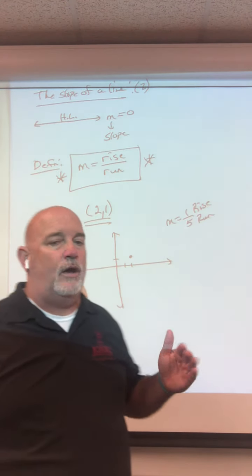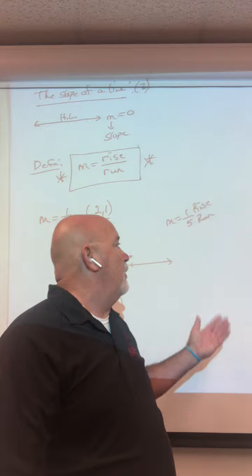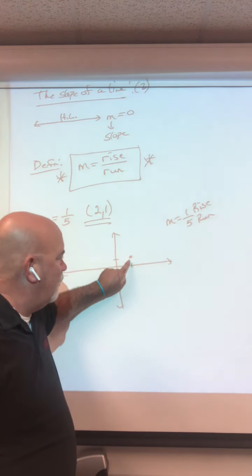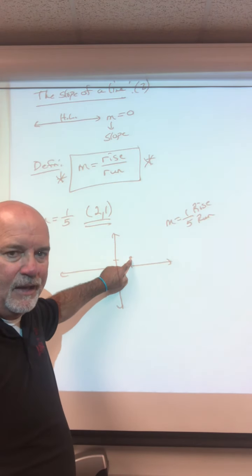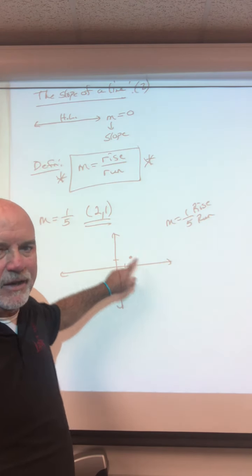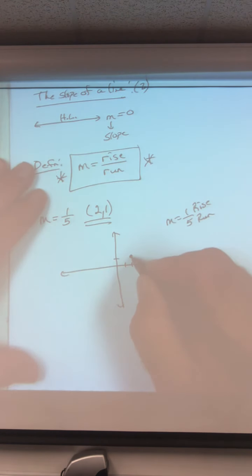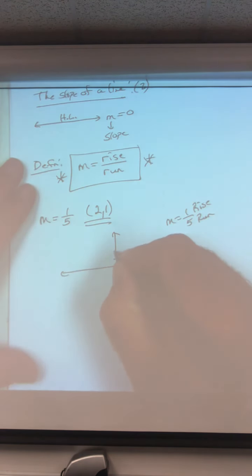So rise 1 would mean go up 1. Run 5 would be go to the right 5. But you do that from the first point that you plot. That's the only reason this point matters. So if I put my pencil on this point, it's easier to count if you've got a grid. I go up 1, right there, and then over 1, 2, 3, 4, 5.